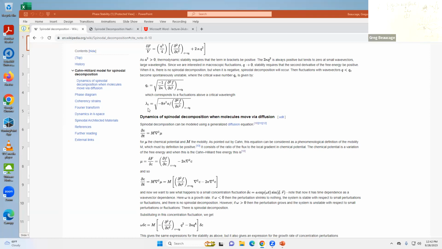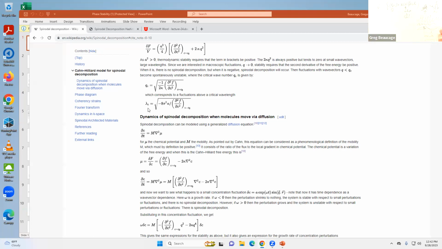Here in the wiki page you call it q, and q's a vector. Q's got a direction to it. So you have a concentration fluctuation in a certain direction. It's a wave, and the wave is moving in a direction, so it's a vector, right? And then you have space, like the space that you're sitting in, which is also a vector, which could be x, y, z, or it could be r, if you want to have just one number.